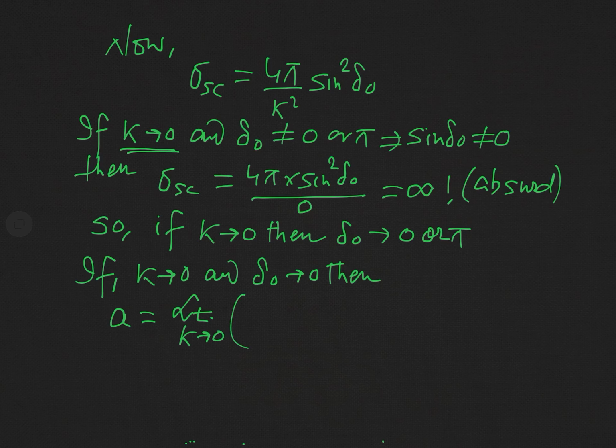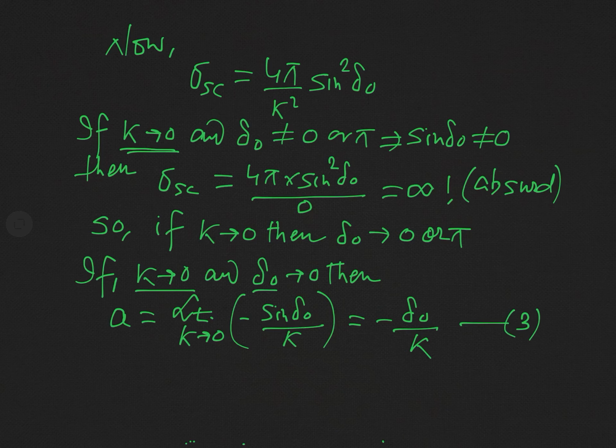This is the limit k tends to 0 of minus sine delta naught by k, and we have assumed that when k tends to 0, delta naught is also tending towards 0. If delta naught tends to 0, then sine delta naught will be simply equal to delta naught, so this will be simply equal to minus delta naught over k.